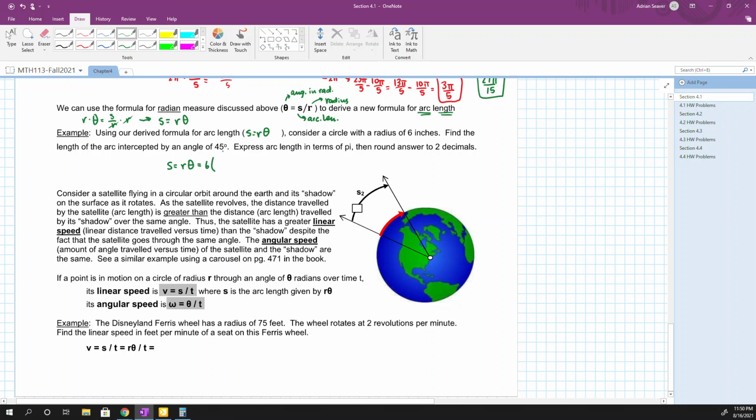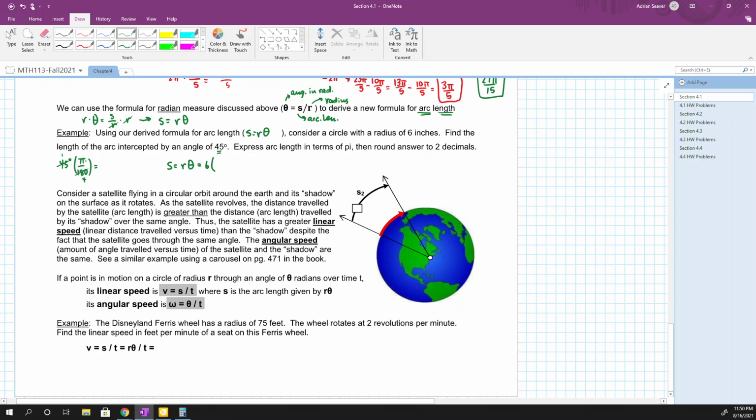But, again, very careful here. That is in degrees. Angle theta has to be in radians for this formula to be true. So I have to think, well, 45 degrees in radians, I need to multiply that by pi over 180. Okay, so 45 goes into 45 once, it goes into 180 4 times.